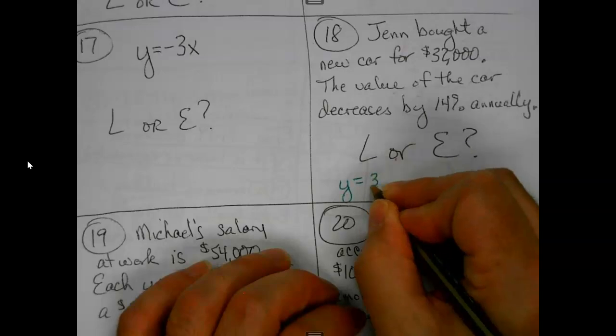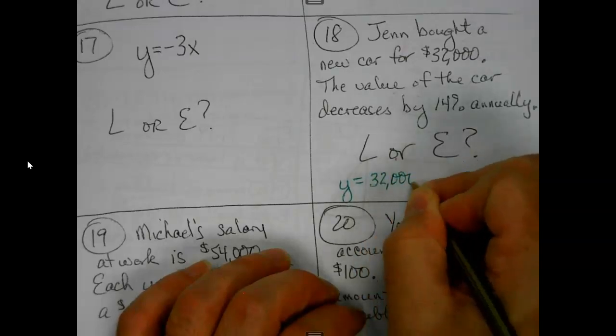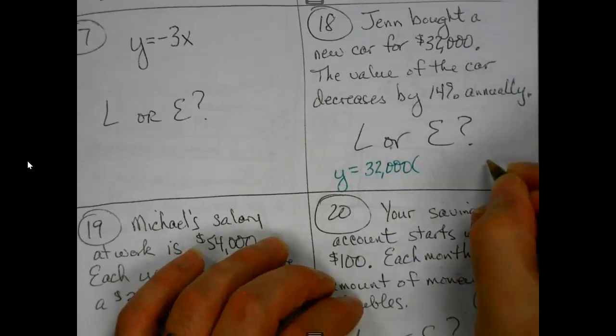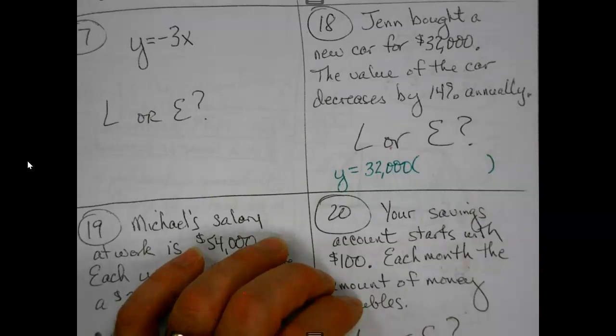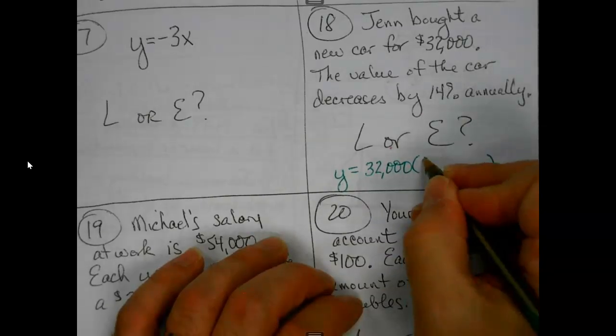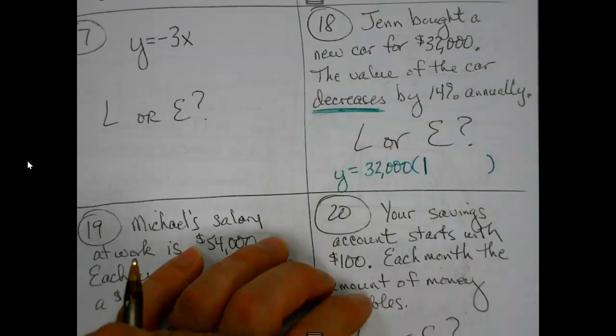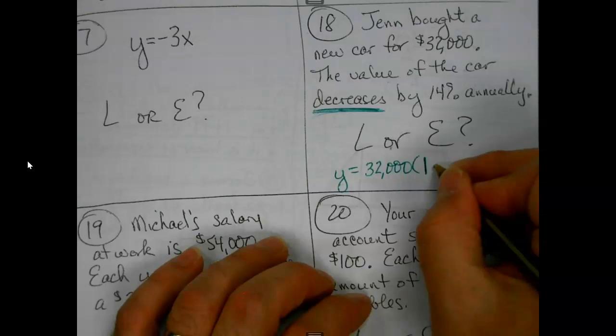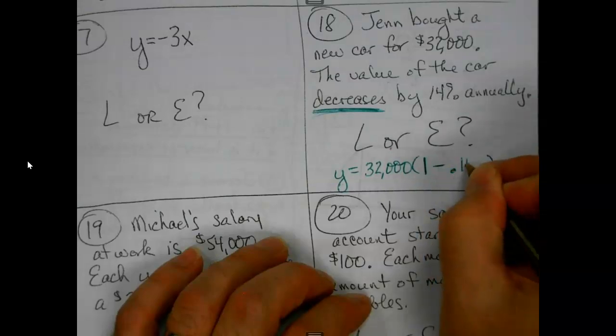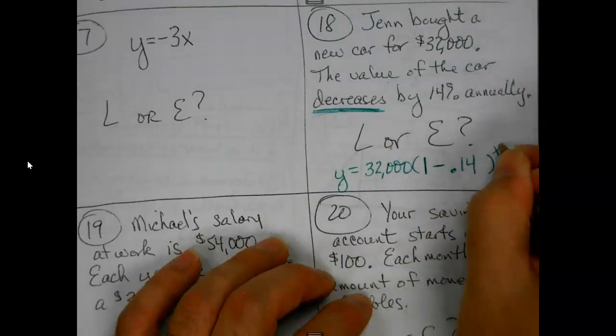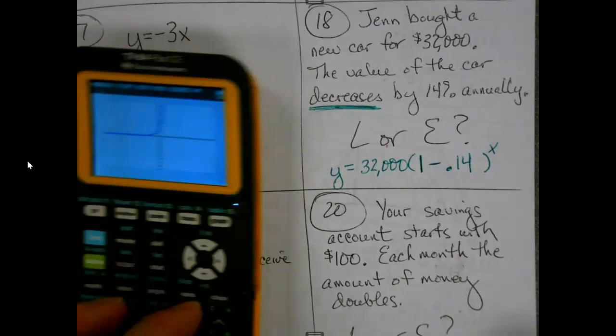On this one, we did a couple of the application problems like this when we were doing the practice. So we put the 1 in there to hold the value of the car. What's decrease mean? Do I go up or down? Minus. And we know percentages are decimals. So that's what the equation would look like.